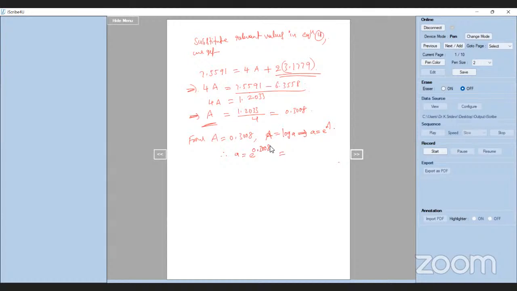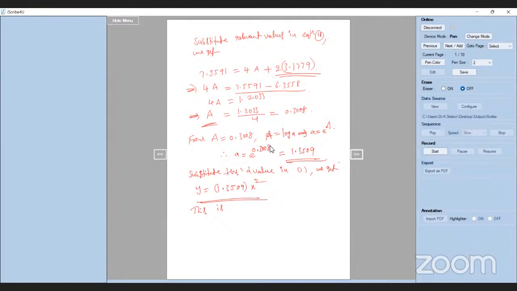Now find this exponential value, which is 1.3509. Now substitute this a value in equation 1. We get y is equal to a into x to the power m, that is 1.3509 into x to the power m.